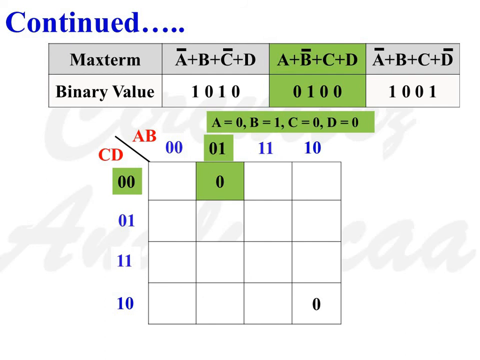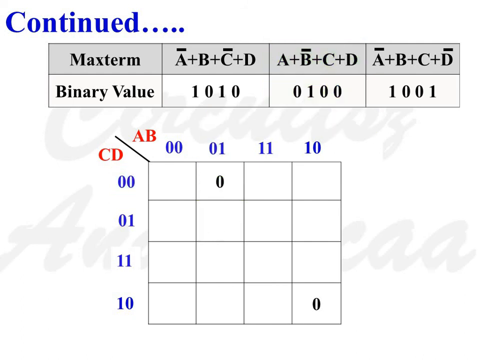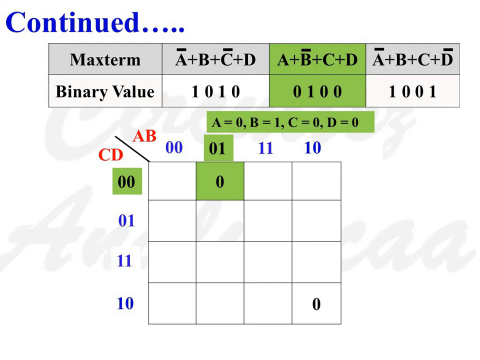So the binary value of the max term A plus B bar plus C plus D is 0 1 0 0, as A is in true form, B is in complemented form, C is in true form and D is also in true form. So A is equal to 0, B is equal to 1, C is equal to 0 and D is equal to 0. Locate that cell on the K-map whose binary value is 0 1 0 0. Fill that cell with logic 0.